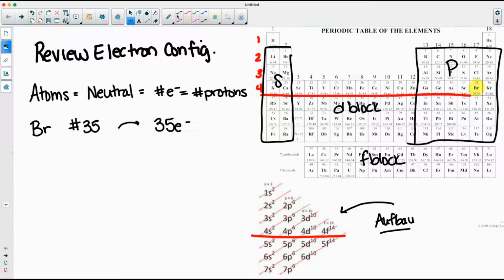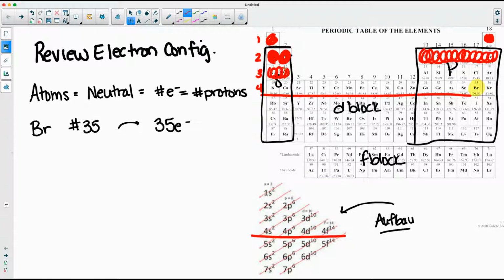For example, when I go from hydrogen to helium, I go from 1s1 to 1s2. Then 1s2 2s1, 1s2 2s2. Then 2p, 1, 2, 3, 4, 5, 6.